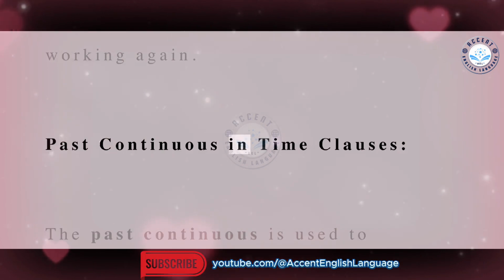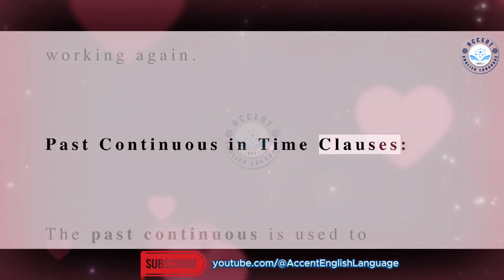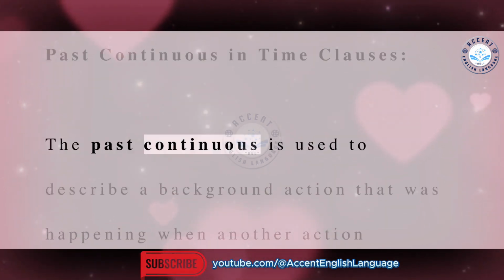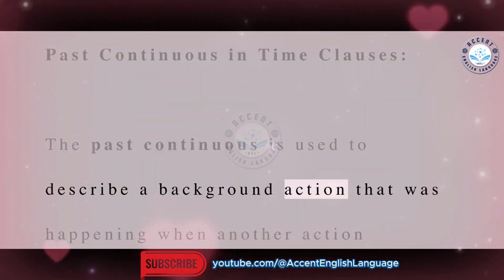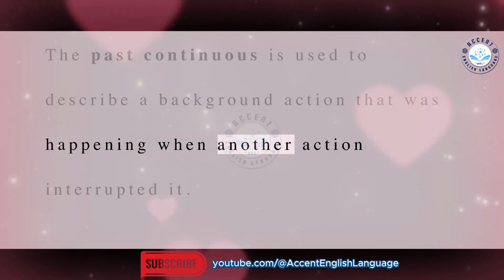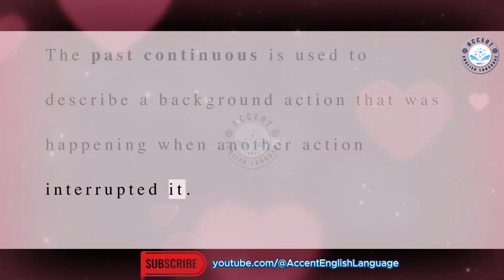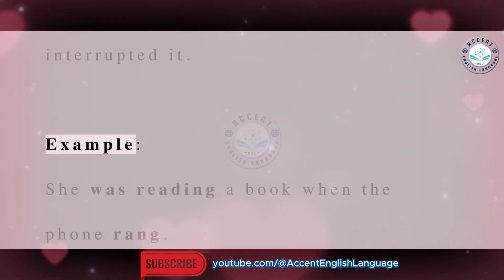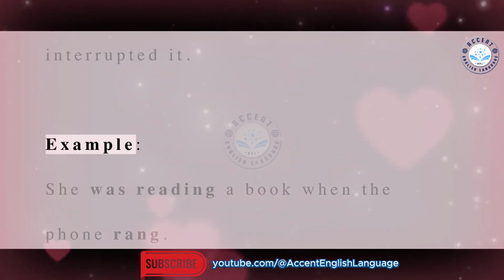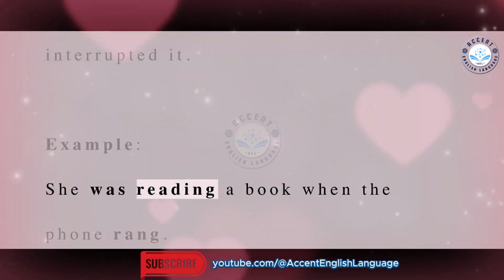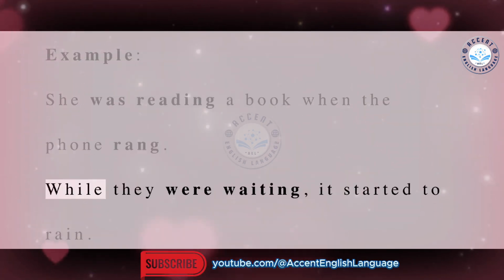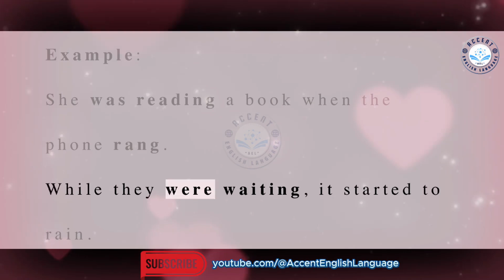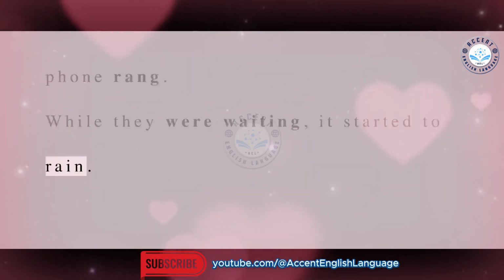Past continuous in time clauses. The past continuous is used to describe a background action that was happening when another action interrupted it. Example: She was reading a book when the phone rang. While they were waiting, it started to rain.